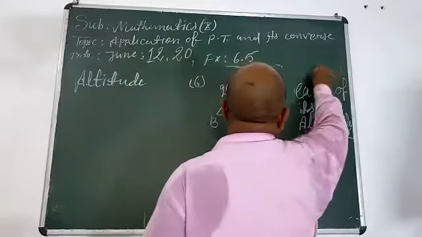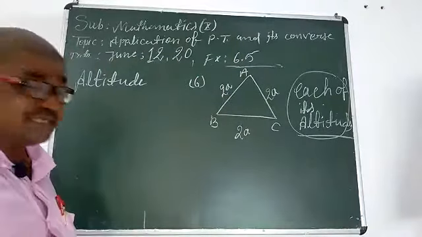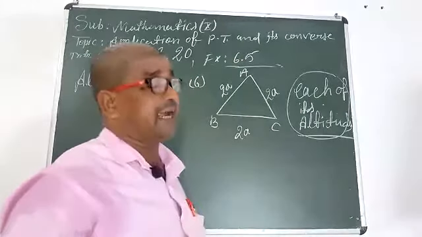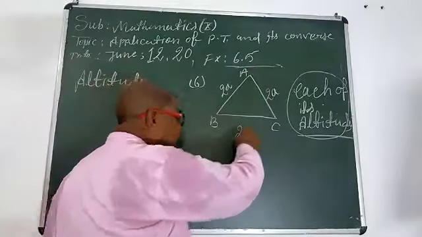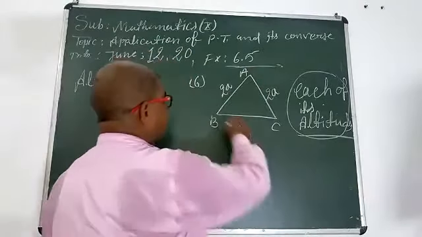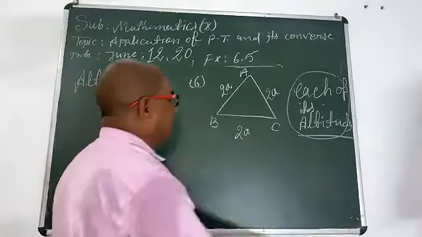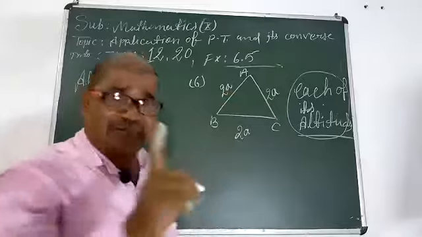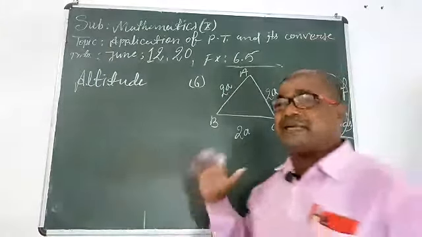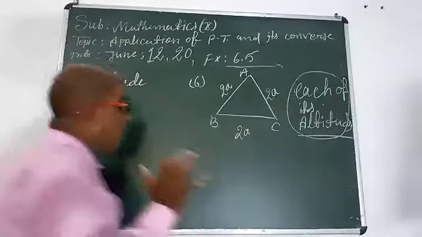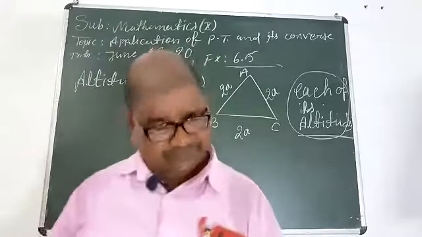The question is asking each of its altitudes. It means 3 altitudes we can draw here. One altitude from first vertex A, another altitude from second vertex B, another altitude from third vertex C. Understood? Now, we should think about the length of these 3 altitudes.